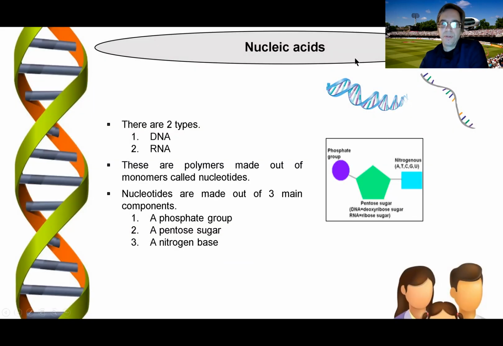The chemical structure you can see underneath is a sugar, a phosphate, and a nitrogenous group. This particular one is a pentose sugar, pentose being 5, so you've got the 5 carbons. I'm just going to show you exactly what it looks like.